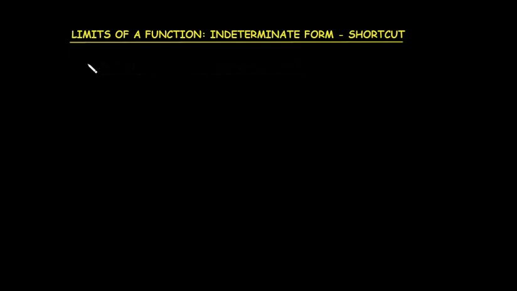Now we know that for a function f of x, when we are taking the limit as x approaches a certain value a, we substitute the value into the function.